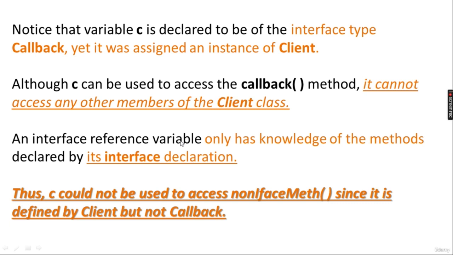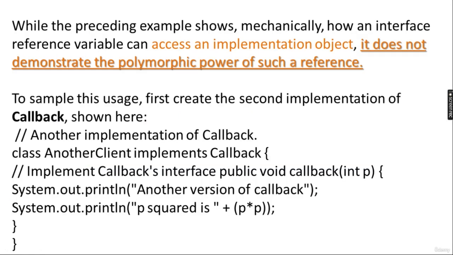Whatever is written in the interface, only those variables and member functions are accessible through the interface reference variable, not any other members. That is, non-interface methods and variables are not accessible through the reference variable. An interface reference variable only has knowledge of the methods declared by the interface declaration. Thus, c could not be used to access non-interface methods since they are declared by Client but not by callback.